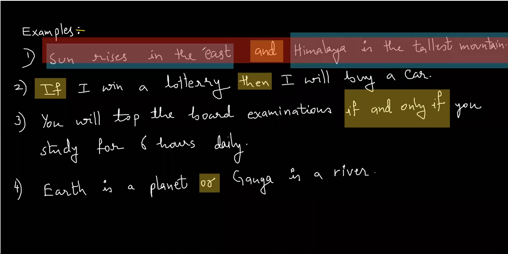Sun rises in the east and Himalaya is the tallest mountain. This whole thing is a compound statement. And what about simply sun rises in the east? It is known as a component statement or a simple statement, or it is also known as a substatement. You can also call it a substatement.